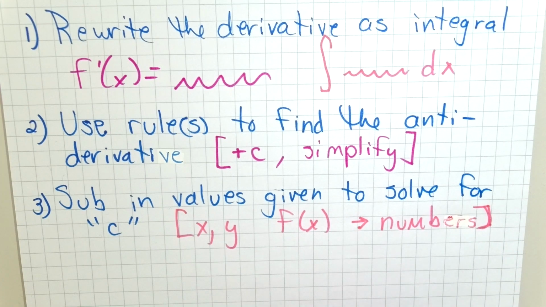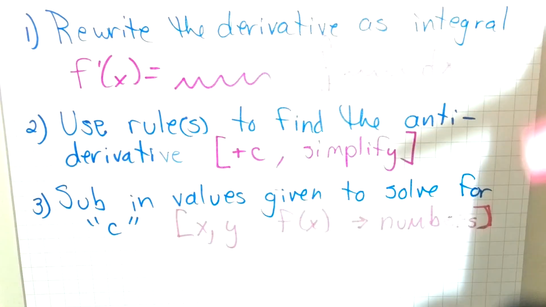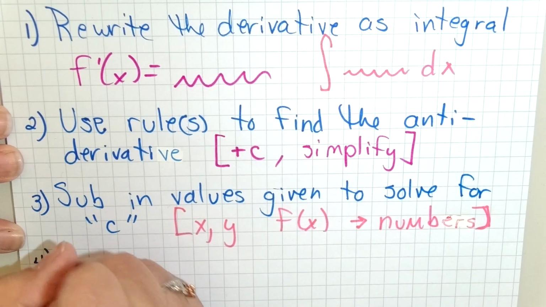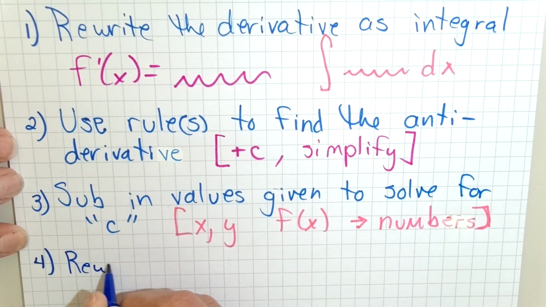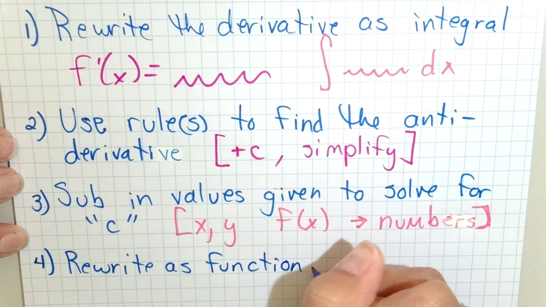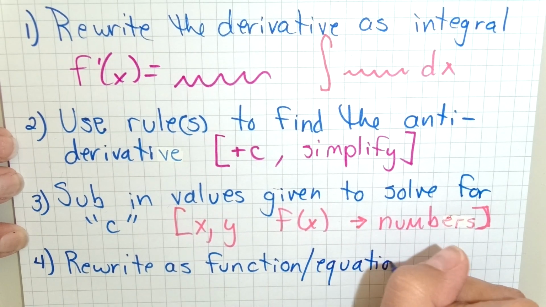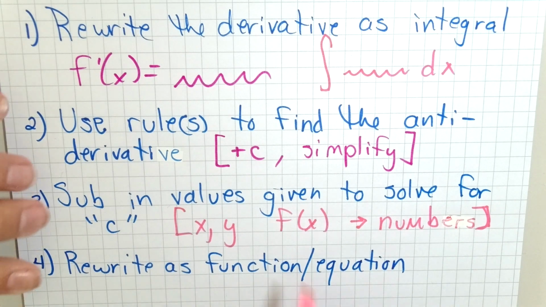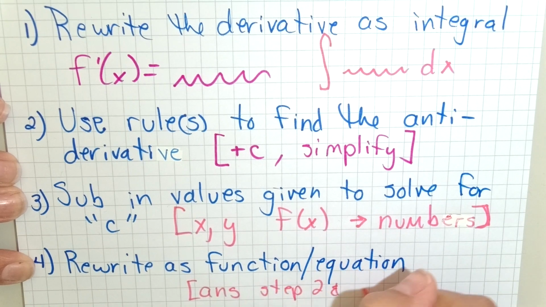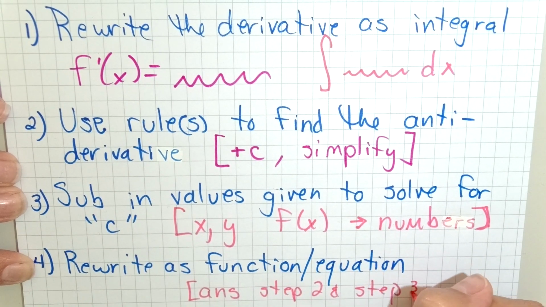You're going to take these numbers and plug them in, or substitute them in for X and Y, or F of X and X. And then the last step is you're going to rewrite as the function or equation. And you're going to use the answer for step 2 and step 3 to write that equation or function.